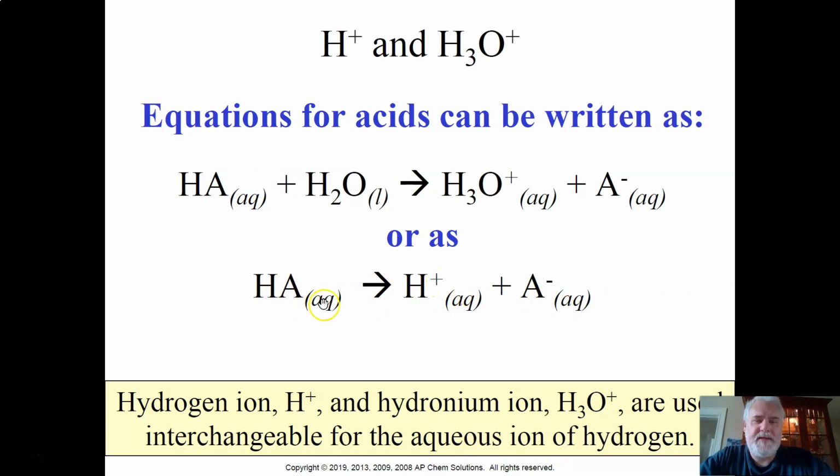Okay, so that's sort of interchangeable to use either a hydrogen as H plus or hydronium H3O plus in an aqueous medium. They're definitely going to be part of it, it'll always exist in that form, but certainly okay to use H plus as well.